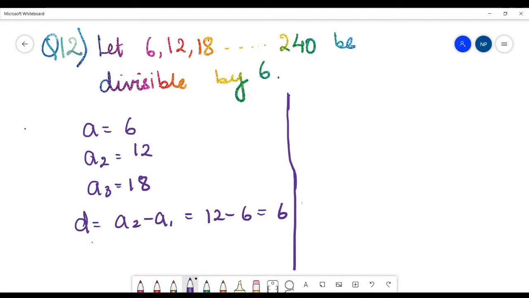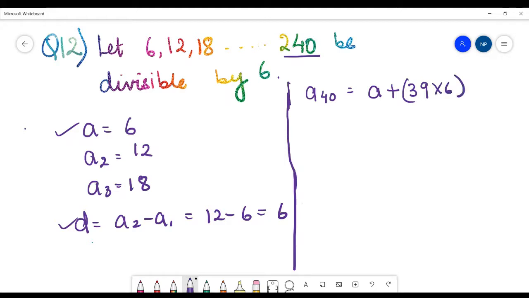Now children, from here we know the value of d. Now let us check whether the assumption that we have taken is correct or not. A40, okay, we have the value of a, we have the value of d. Let us see a40. Now how to calculate a40? We can use the general formula a plus n minus 1 d. So a plus n minus 1, 40 minus 1 will give us how much? It will give us 39. d is how much? 6.